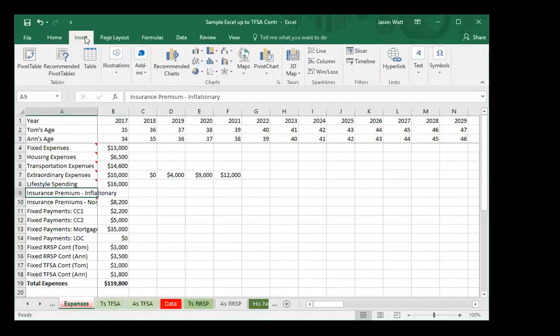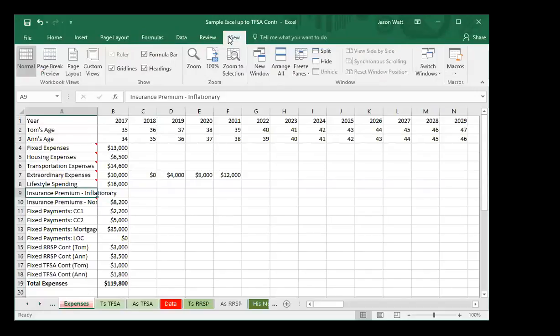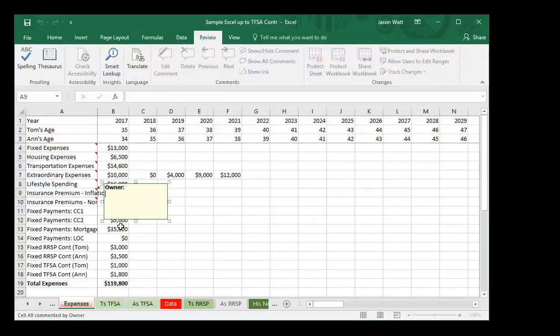For some reason, Excel's not excited about me putting a comment in. So inflationary would be health and dental. And I can't remember where I did my home insurance.